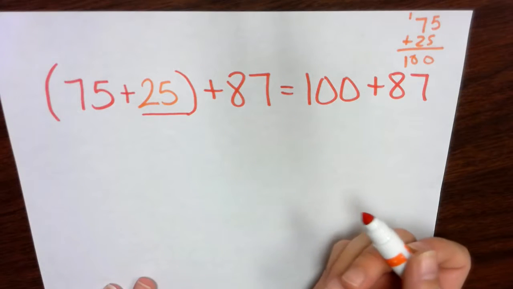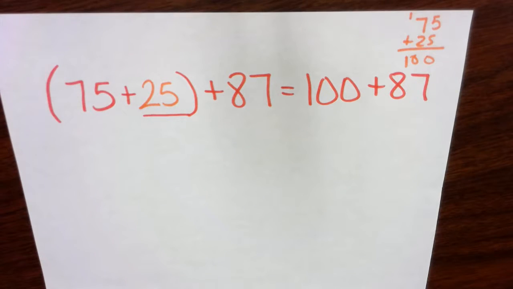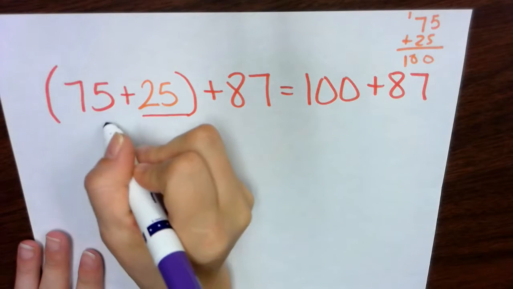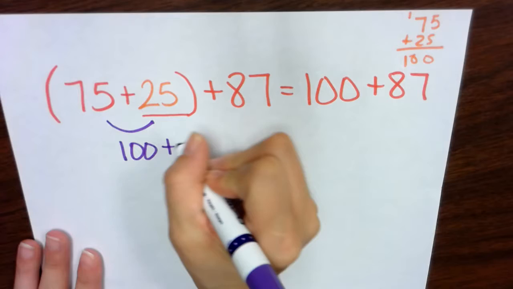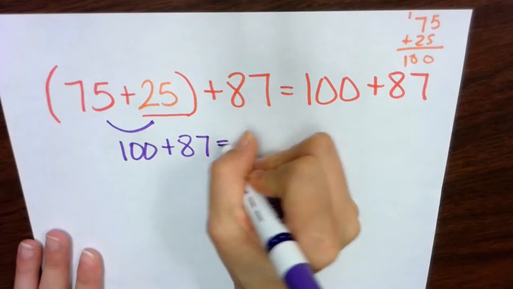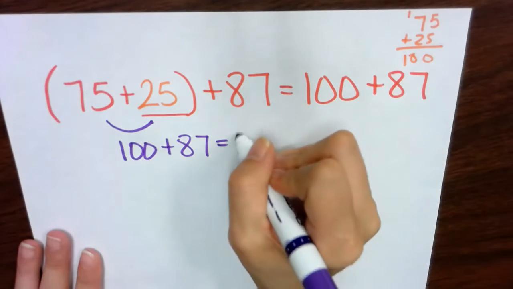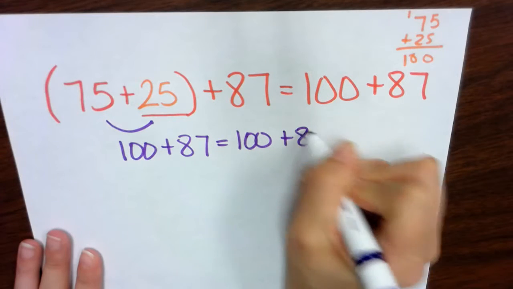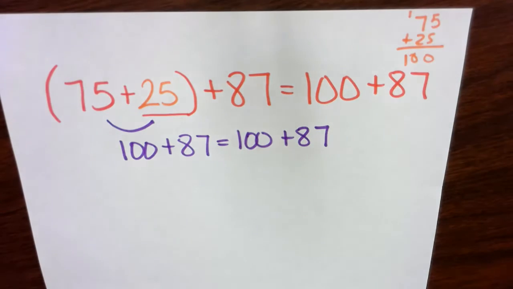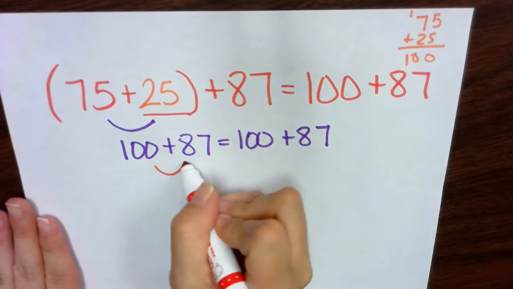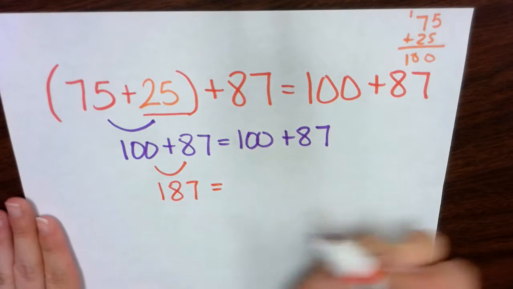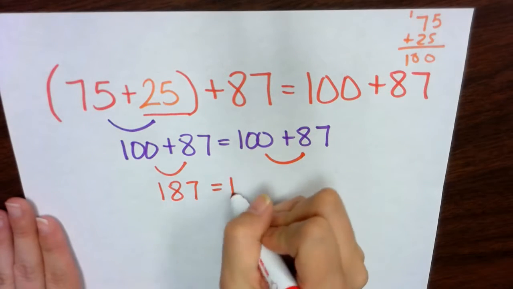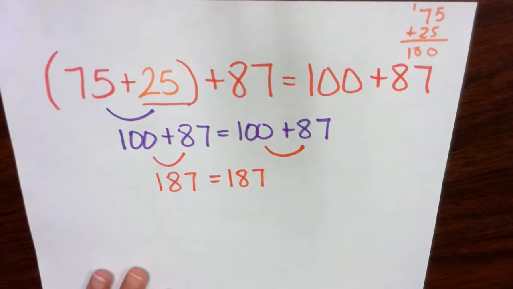So now you could come over and do the math. 100 plus 87 equals... Take it a step further. 100 plus 87 is 187, equals 100 plus 87 is 187.